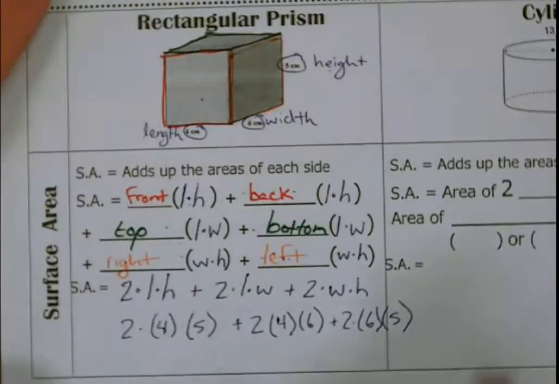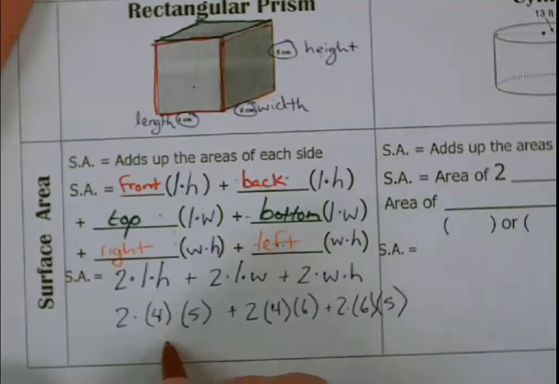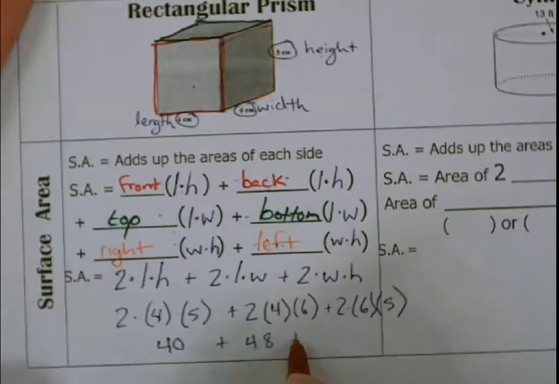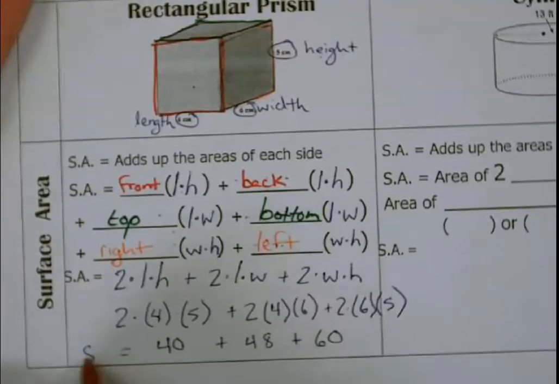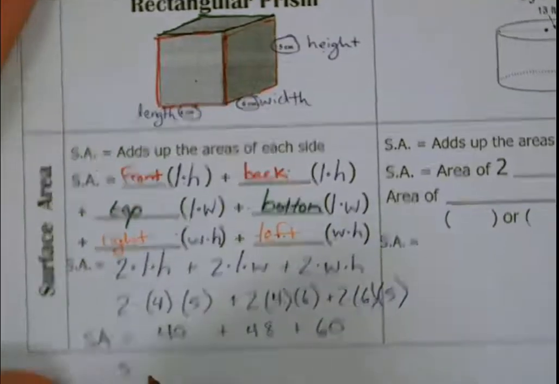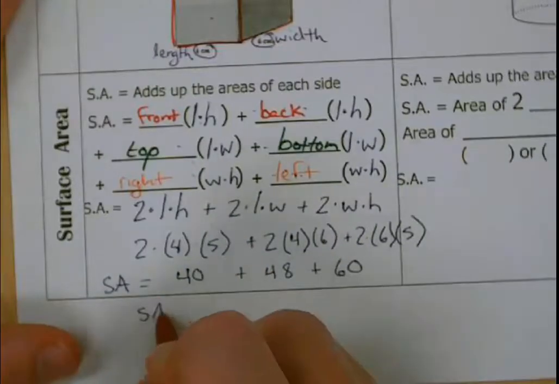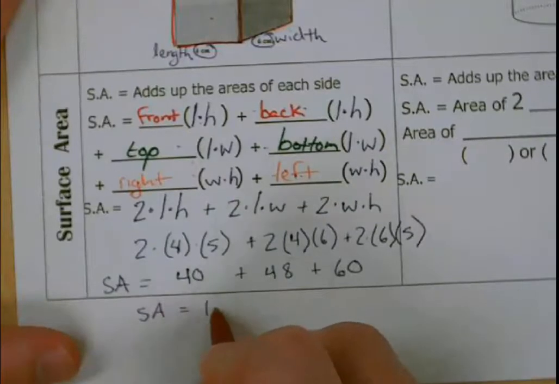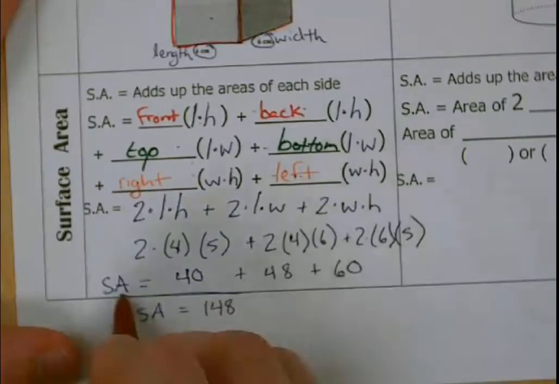Now with some simple multiplication, I can get that 40 plus 48 plus 60 is equal to our surface area, which means that our surface area must be equal to 148.